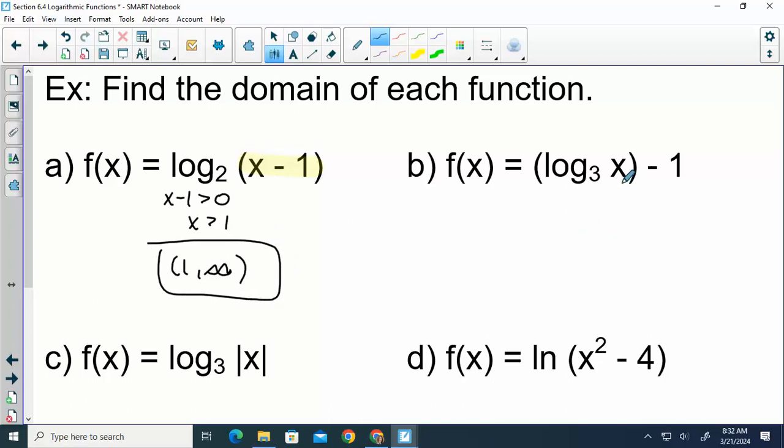B, if I'm thinking about the graph, what would this one do? Down 1. Does that change your domain? No. If I'm thinking about it algebraically, my argument is just x, so x is greater than 0, so it's still just 0 to infinity.